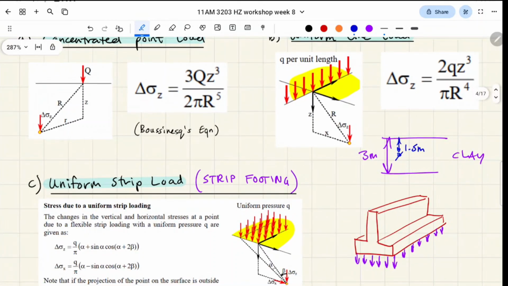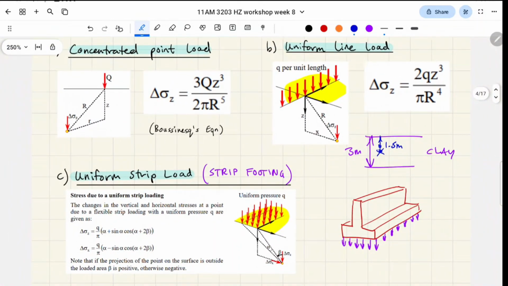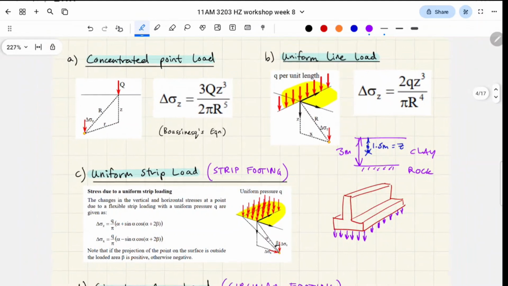So this is our point of reference, and that's where we're going to be doing all of these calculations too. So that's actually our Z value in all these formulas, okay? So halfway through our compressible clay layer. Got it? Because at the bottom here will be rock.